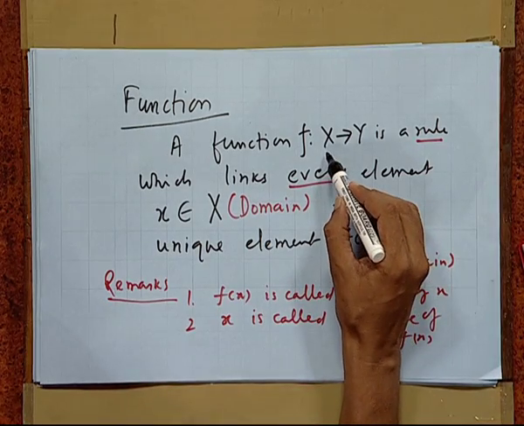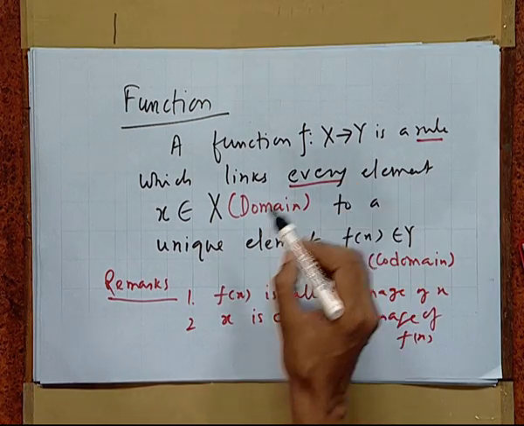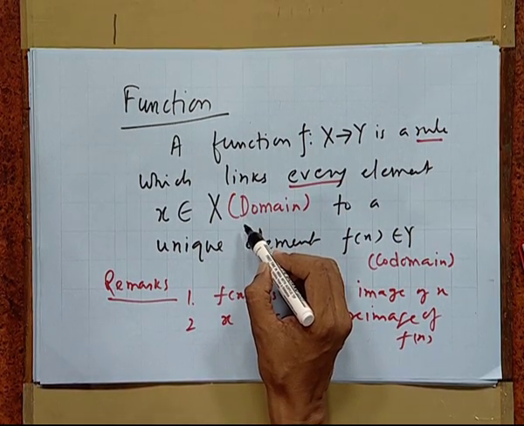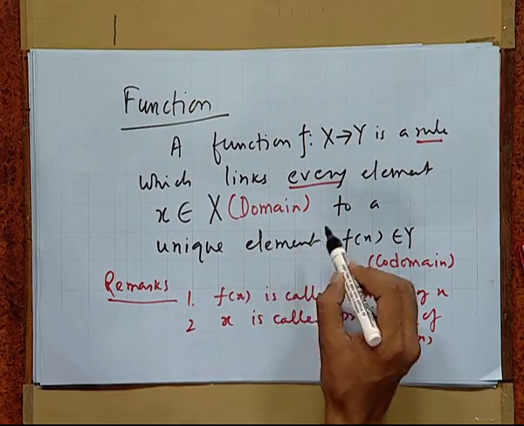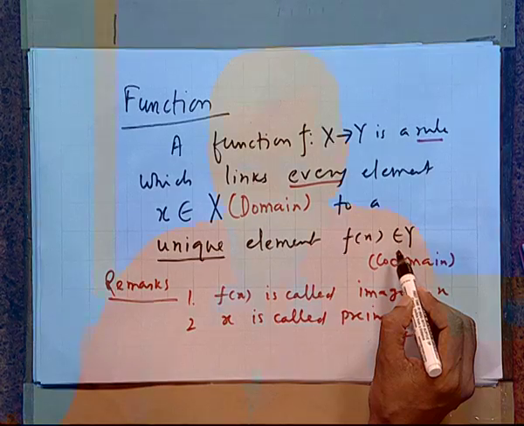Thus, in a function we have two non-empty sets and every element of the first set, which we call the domain, is linked to a unique element of the second set called the codomain. So, wherever these conditions are met, such a linkage is called a function.